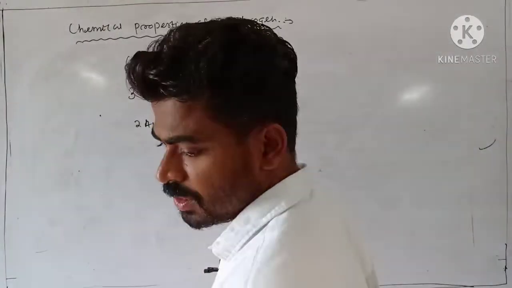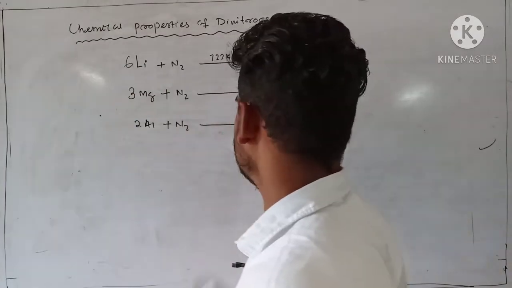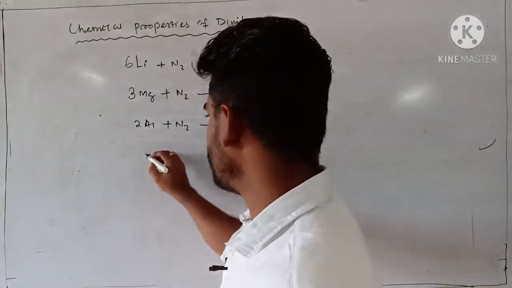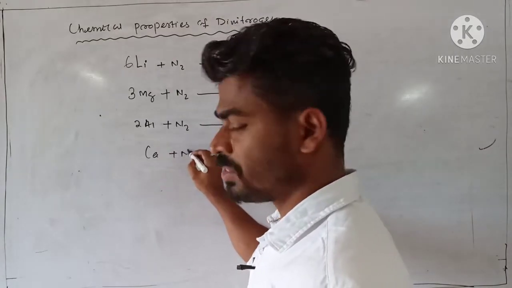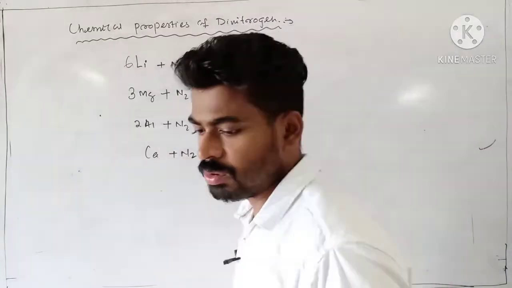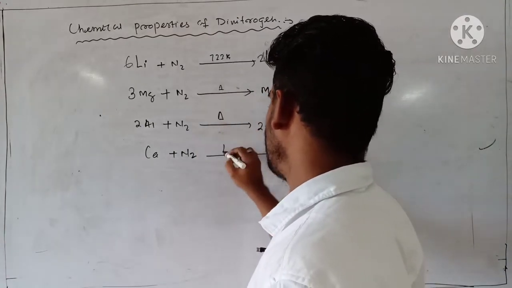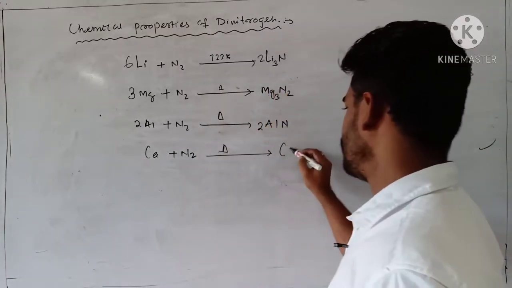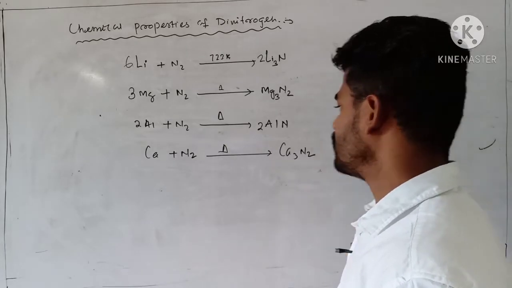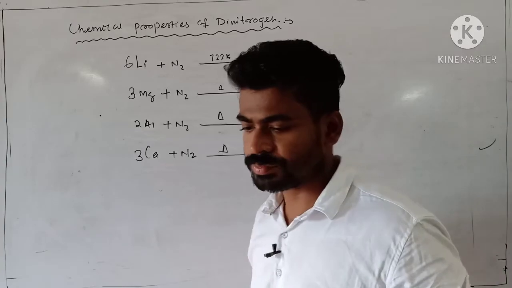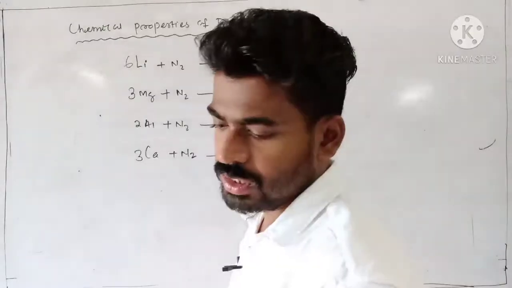If you balance it, 2Al gives 2AlN. So these are interactions with active metals. If you consider calcium plus N2, then it will give you Ca3N2, calcium nitride. High temperature is required. So this is the reaction with metals.